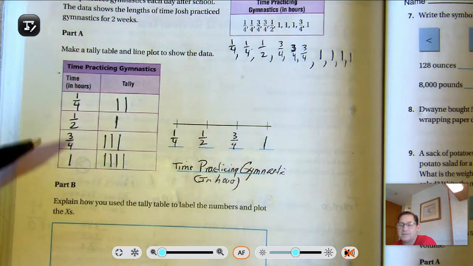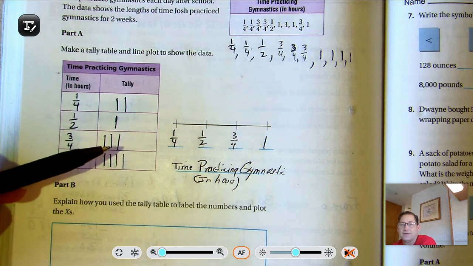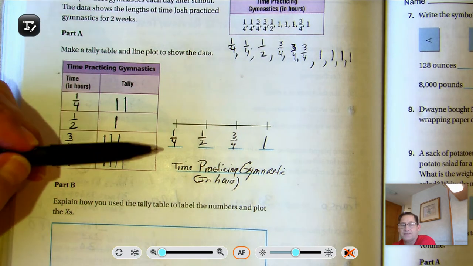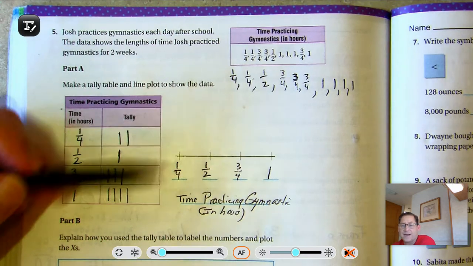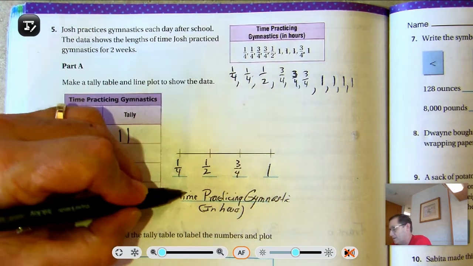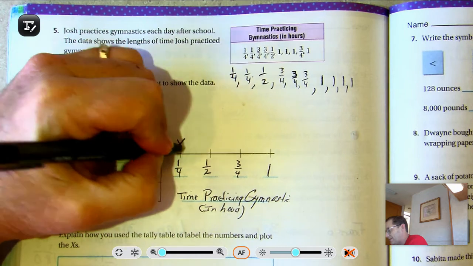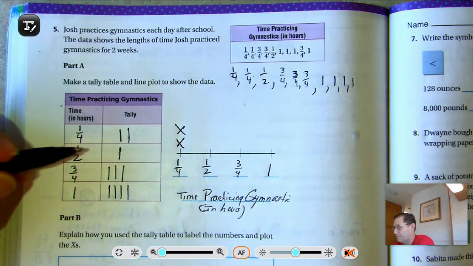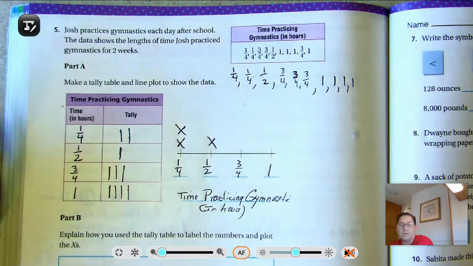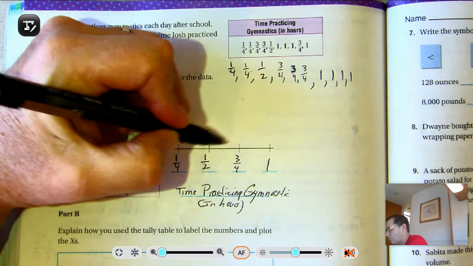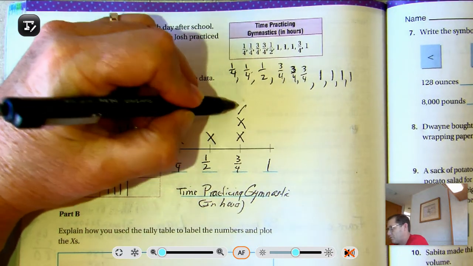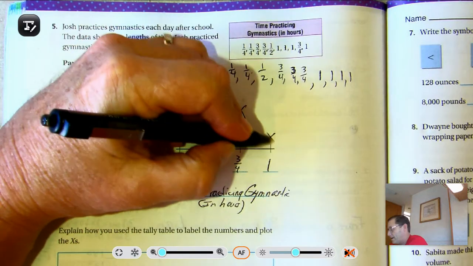Each of our X's represents how many times he practiced that amount of time. So 1/4, I need to put 2 X's. For half an hour, there was 1 day he did that. 3/4 hour, 1, 2, 3. And then for 1 hour.